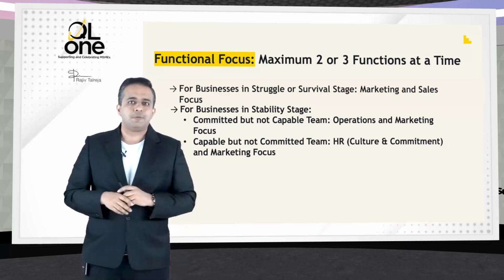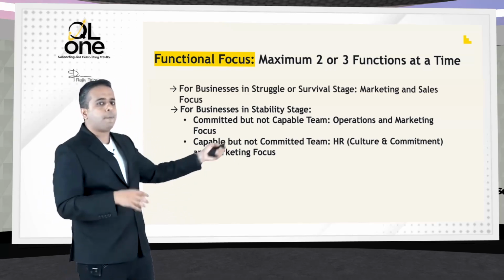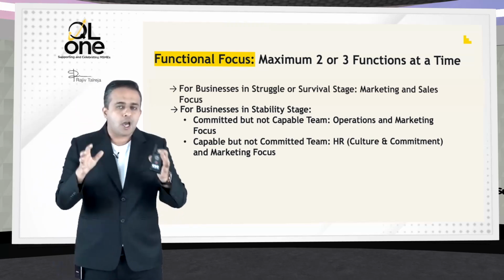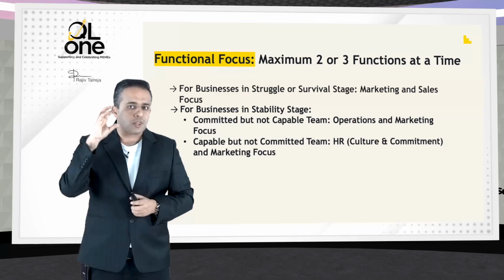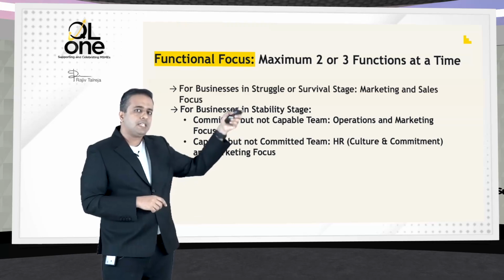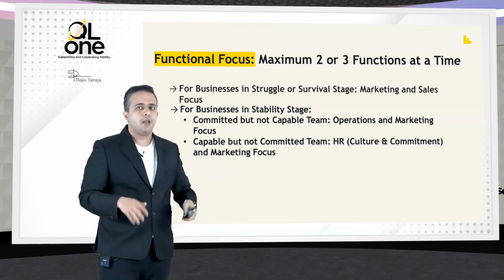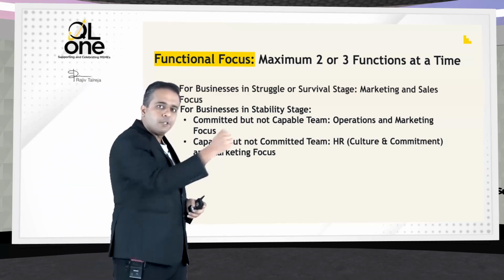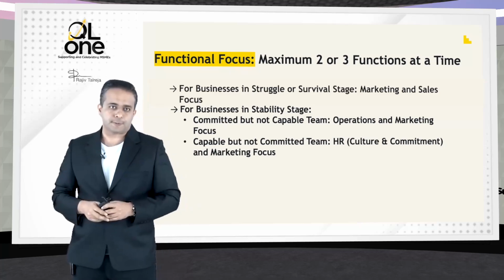You can't expect the management to trust a team member just because they're capable in producing results. They need to show commitment also. So HR focus has to be there from the point of view of strengthening culture and commitment, and marketing focus has to be there because typically in this kind of a business, the business is stable because the product or service is good, not necessarily because you have a marketing system which is bringing leads consistently into the business.